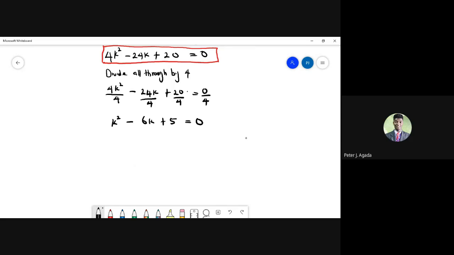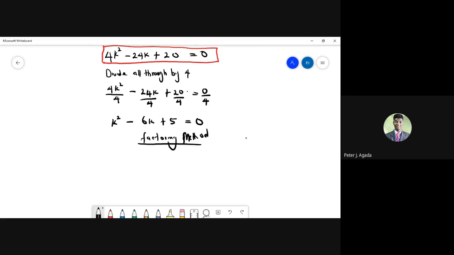So at the end of the day, you end up having this quadratic equation, and we can solve it using any of the quadratic methods. Let's say we decide to use the factoring method, because we're not done determining the value of k. You can use any quadratic method to determine the value of k.